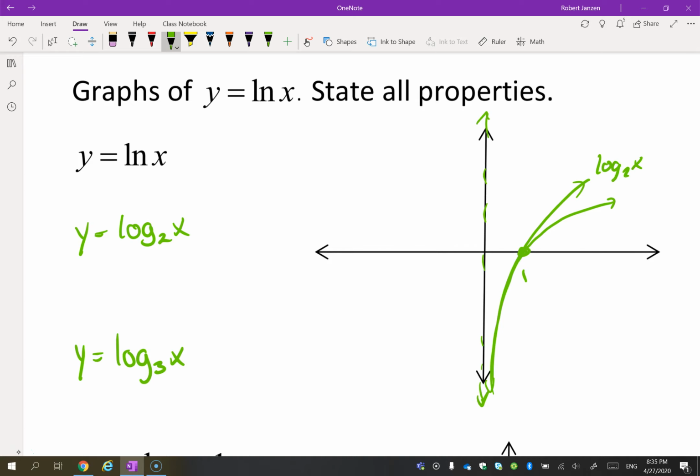Well, this is going to be log base 2, this is going to be log base 3. What are the points? Well, if you remember, how do we do this? We're going to pick y values. If we make the y value 1, you're going to get 2, 1, and 3, 1.